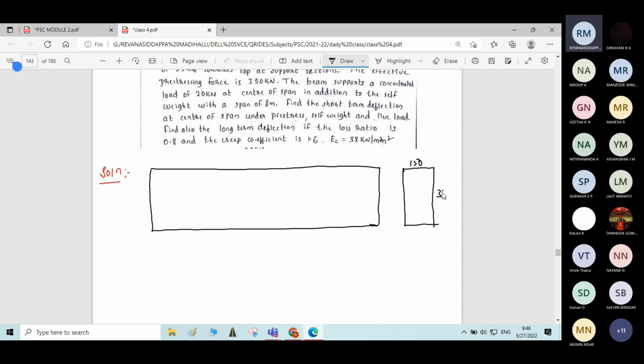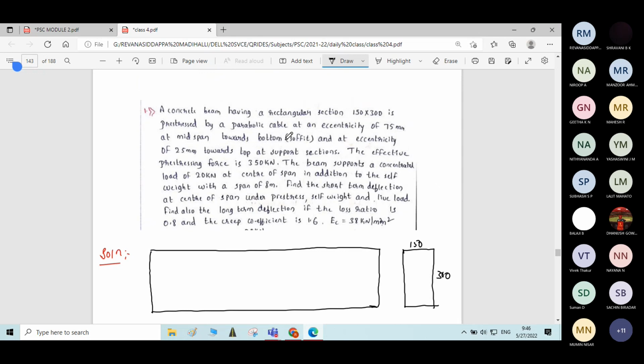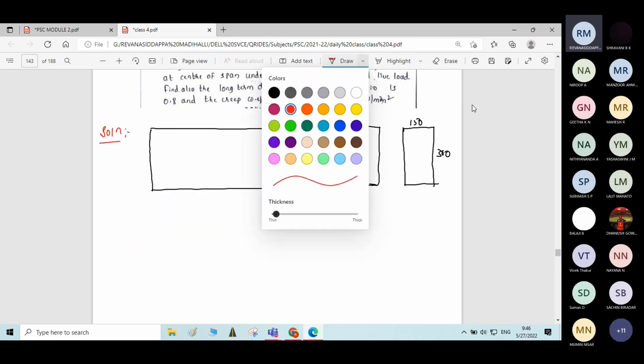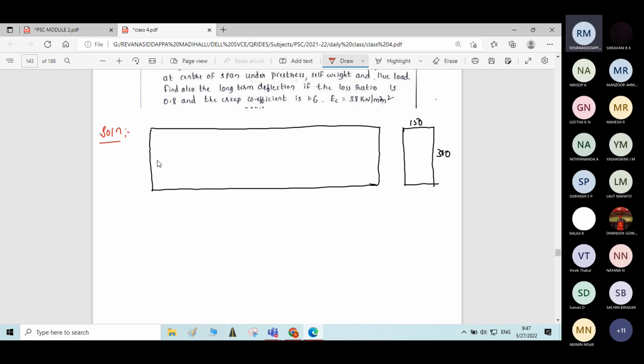Prestressed by a parabolic cable at an eccentricity of 75 mm at midspan towards the soffit or bottom and at an eccentricity of 25 mm at top at support sections. Let me draw the central axis first so that we can draw the cable profile based on the given problem.